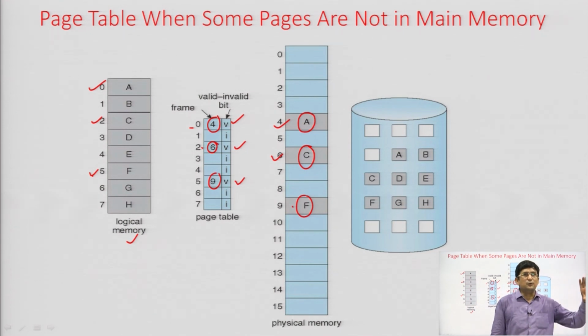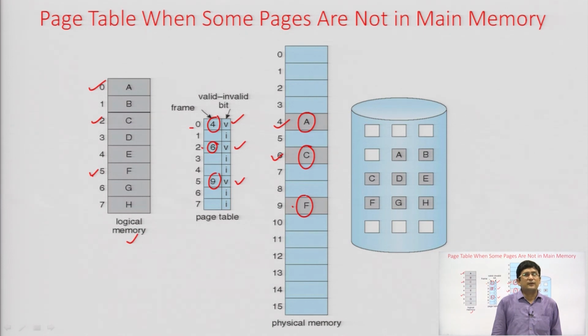The process may be huge, and we are maintaining a page table of the size of the process, so the number of entries will be equal to the number of pages in the process. But we have only a limited number of pages of that process available in the main memory. So for all those pages which are available in the main memory, the valid bit is set.